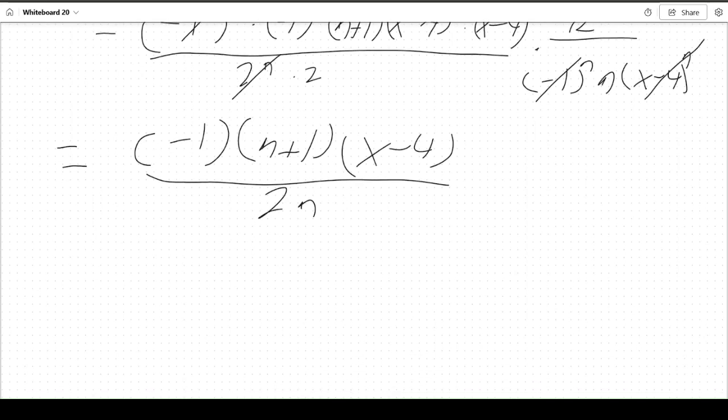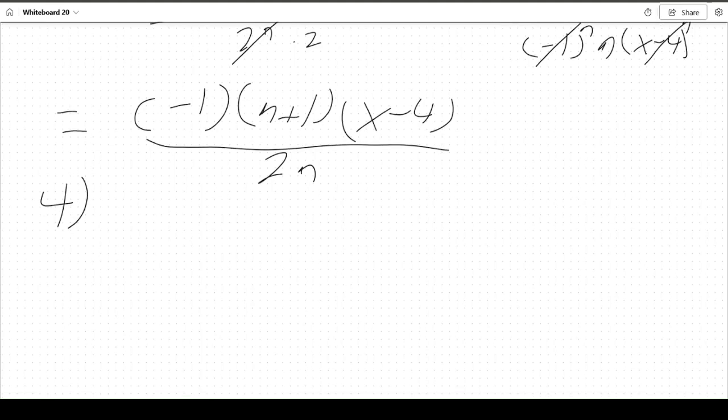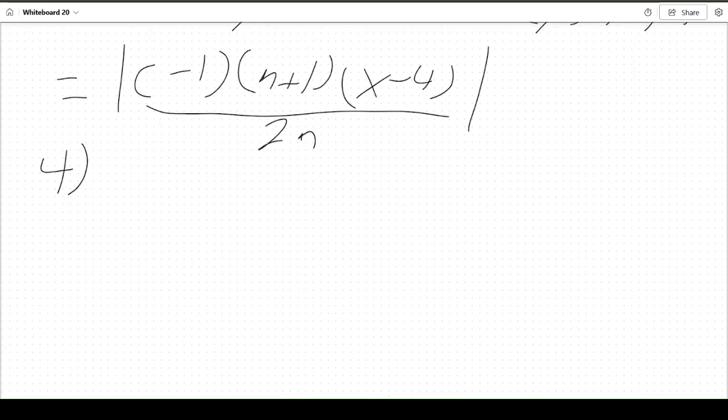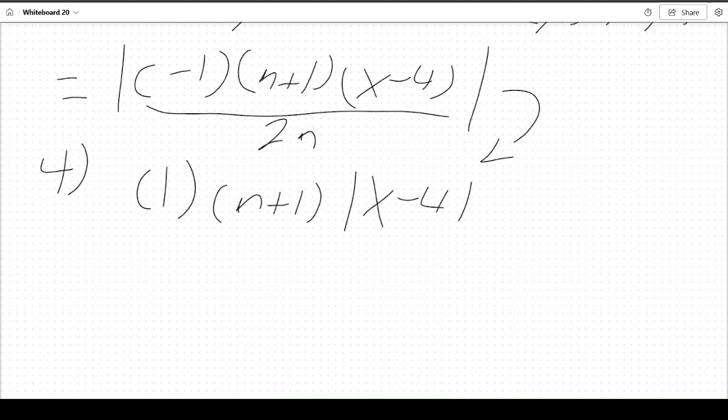And now we gotta do our final step. Oh yeah, we gotta put the absolute value on each one. So the absolute value could eliminate the negative; we got 1, we got n plus 1, and we got the absolute value of x minus 4, right?